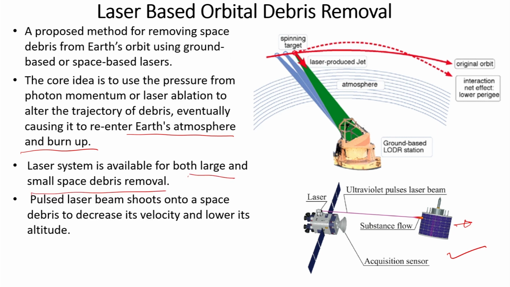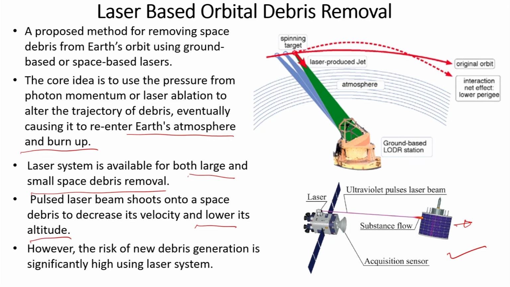The pulsed laser beam shoots onto a space debris to decrease its velocity and lower its altitude. But here the risk is that it can generate new debris. It can fragment the debris and make many new small size debris. So, this is one of the disadvantages or the risks associated with this method.